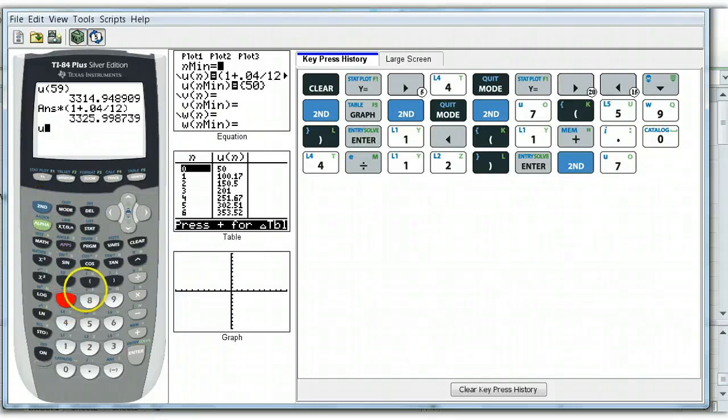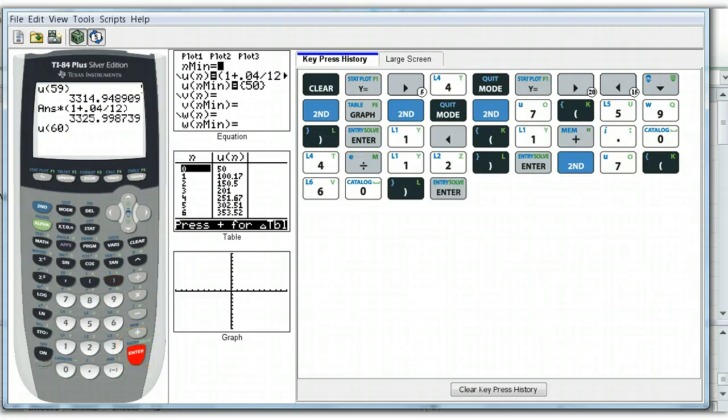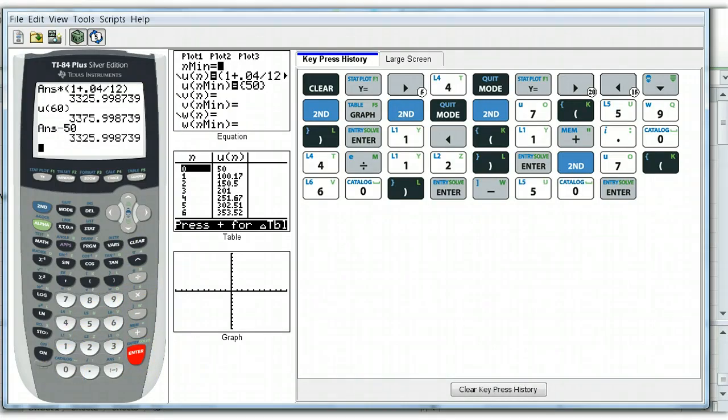Okay? Now, the other way to do it is to go to the 60th month. But what happens is that I'm going to make that last $50 payment, which I don't want anymore, because that would be 61 payments of $50. So what I'm going to do is, if I subtract $50 from this, I'm going to take it away, and then I get the same amount again, which is beautiful.